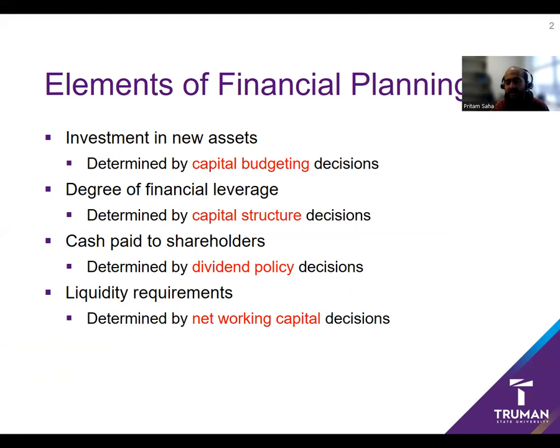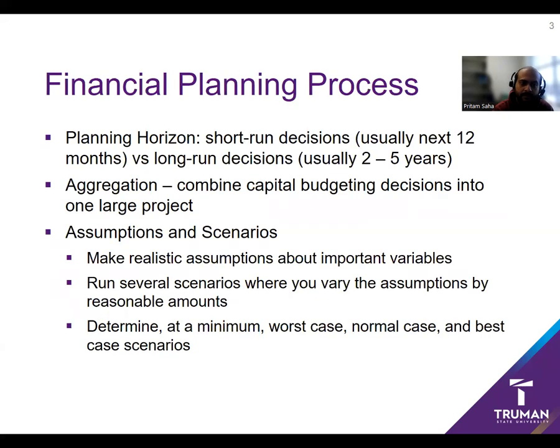The money we are generating from the corporation, should we keep it or distribute it? Of all our net income, should we pay it to the stockholders as dividends or keep it for future growth? This is our dividend policy. Now, how much working capital should we manage so that we have short-term solvency? This is the working capital decision. So these are the 4 components of financial planning.